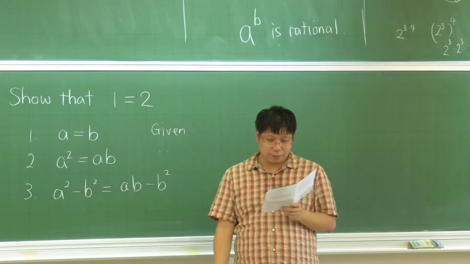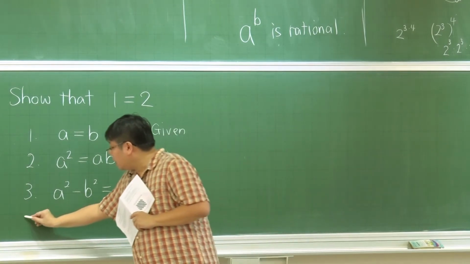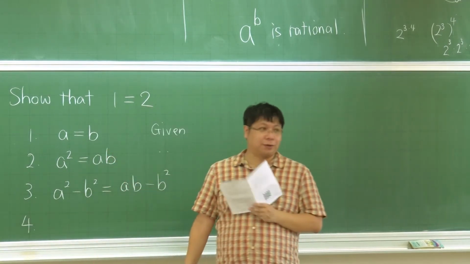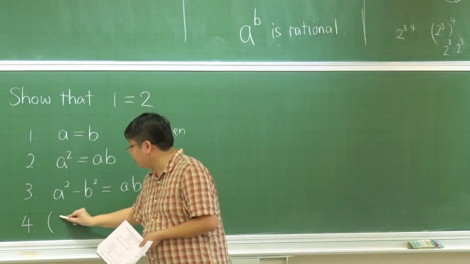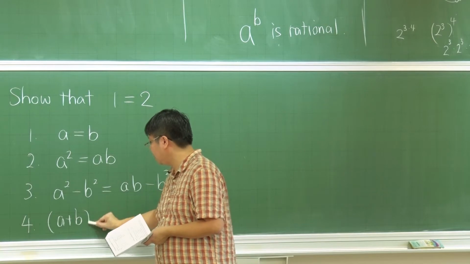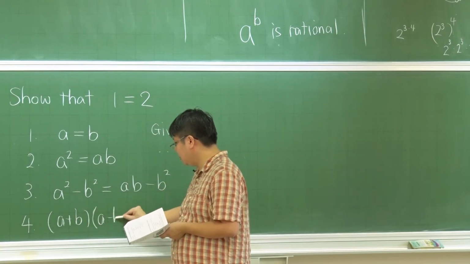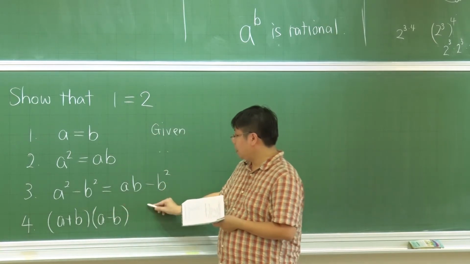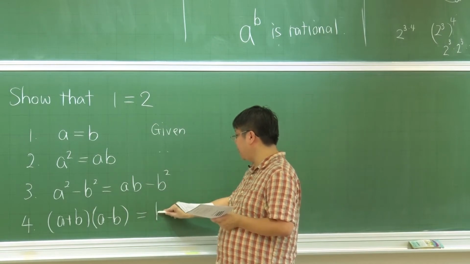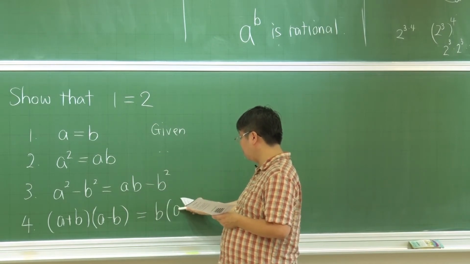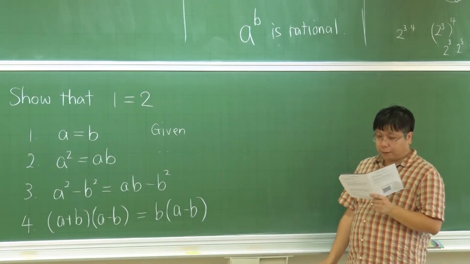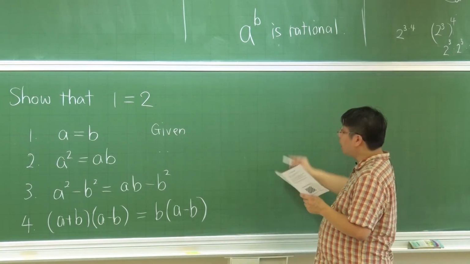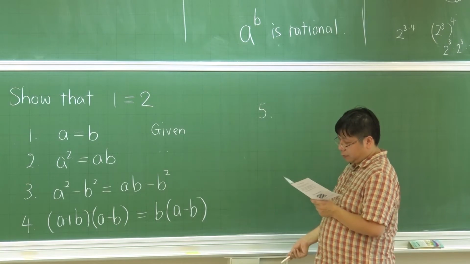Is that okay? Now because of this, we can do factorization. A squared minus B squared turns out to be equal to A plus B times A minus B. And AB minus B squared is B times A minus B. Now if step 4 is correct, then we have step 5.